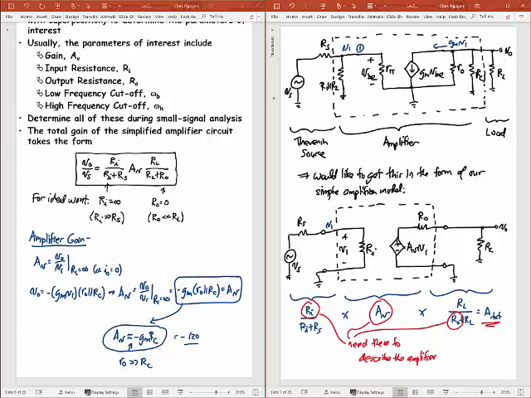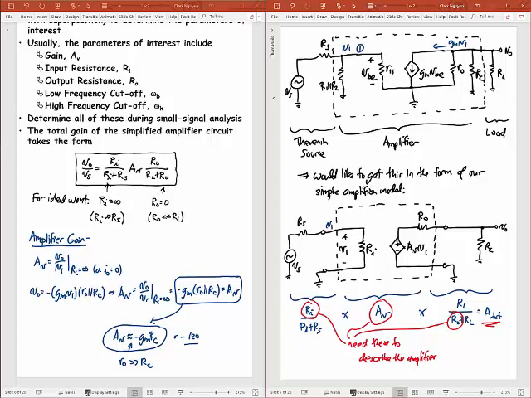And in solving this circuit, all that's going to happen is this V1 is going to be across this R pi. V1 is going to be equal to VBE. And so this current that I'm driving through this voltage controlled current source is going to be GM times V1. Okay, and that current then is going to go through this R0 and this RC, where R0 and RC are both going to ground.